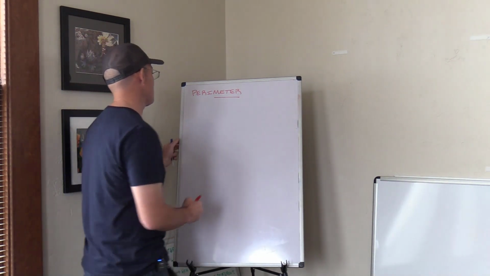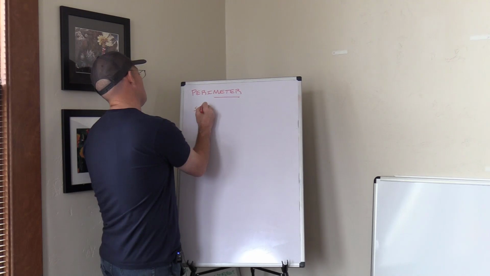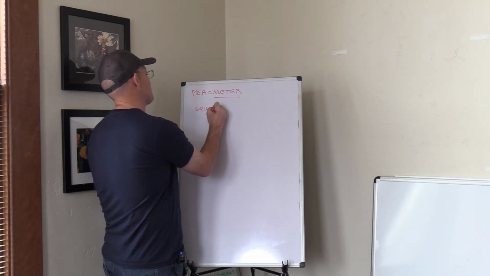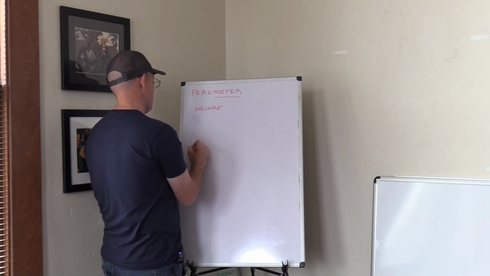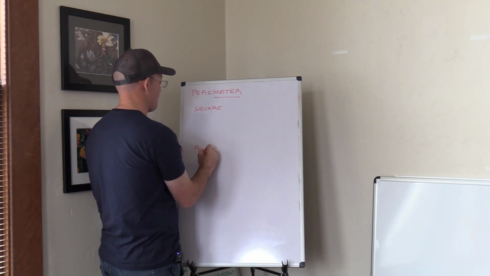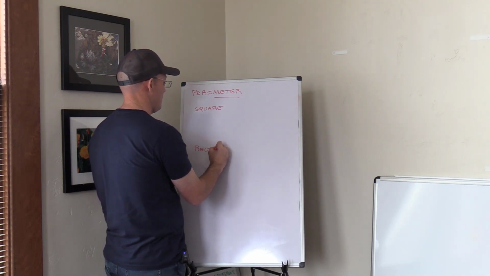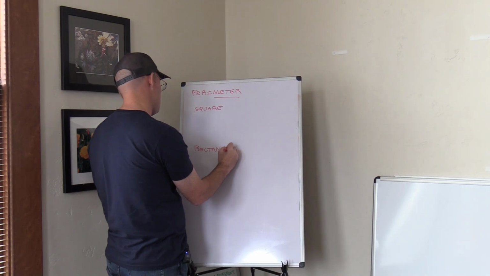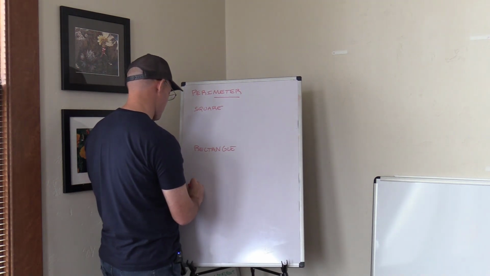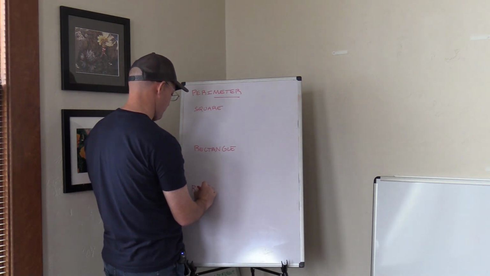So let's look at a couple examples. We're going to look at an example of a perimeter for a square, for a rectangle, and then for a right triangle down here.